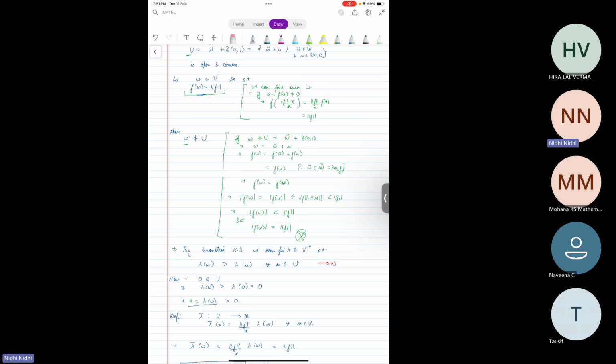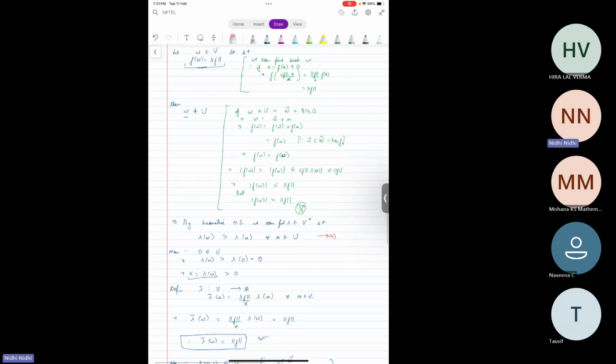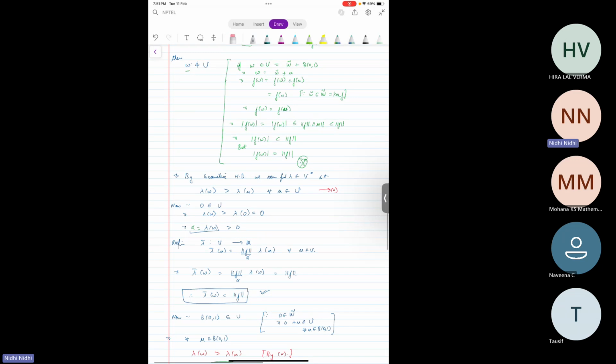Clearly we can find such a w, and we have seen that this w will surely not belong to the set U, and hence by the geometric version of the Hahn-Banach theorem, we found a linear functional lambda such that lambda w is strictly greater than lambda u for every u in this open and convex set. Now since U is just w tilde plus a unit ball, therefore 0 belongs to this set U, which tells us that lambda w is strictly positive, taking that lambda w to be equal to alpha, because w is fixed for now.